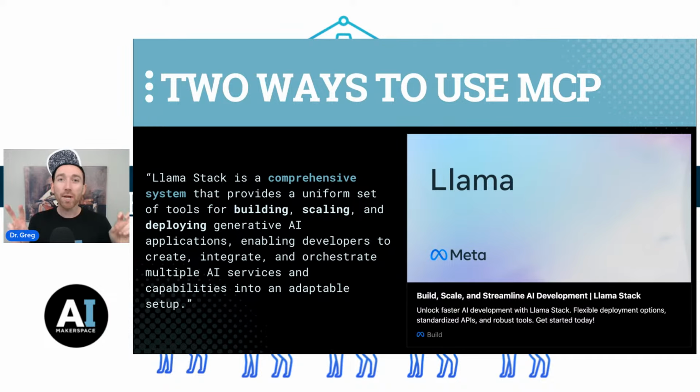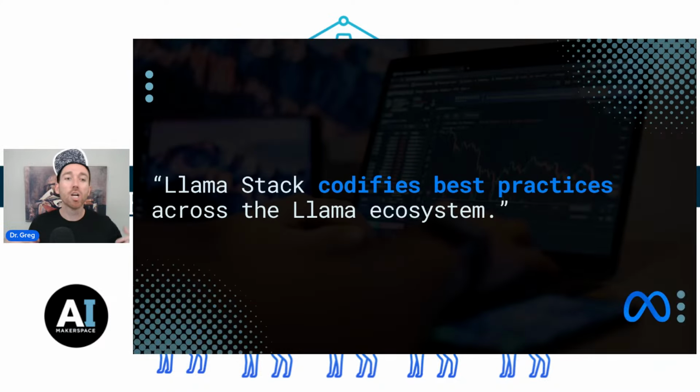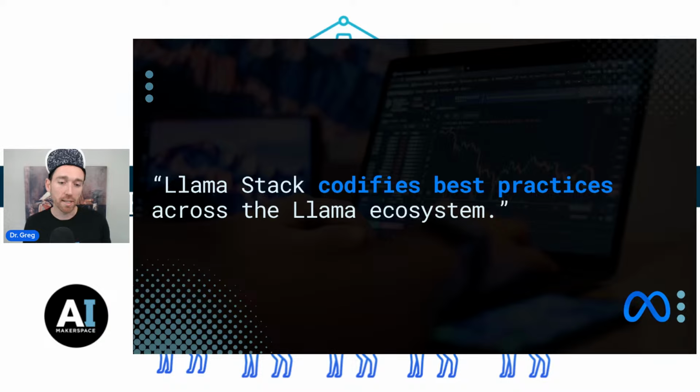It's a comprehensive system that provides a uniform set of tools for building, scaling, and deploying, enabling developers like you to create, integrate, and orchestrate multiple AI services. Llama Stack codifies best practices across the Llama ecosystem. And so it's important to start trying to understand the Llama ecosystem more broadly.